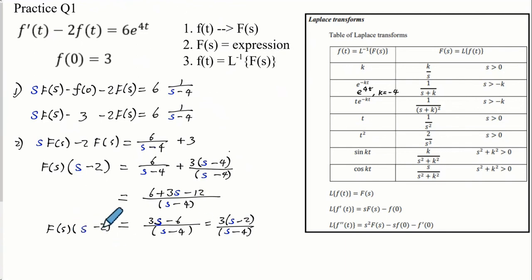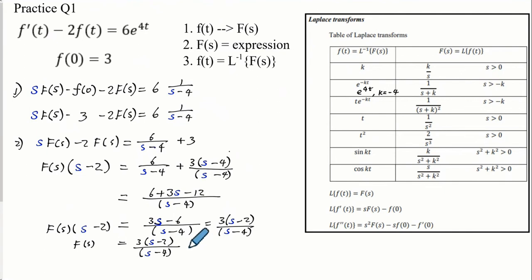So if I now divide both sides by brackets s minus 2, I should obtain an expression for the F of s. So F of s now equals 3 times s minus 2 over s minus 4.